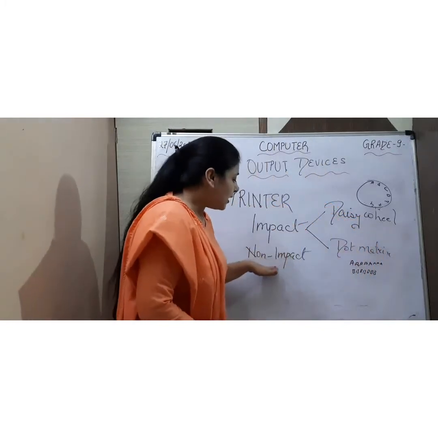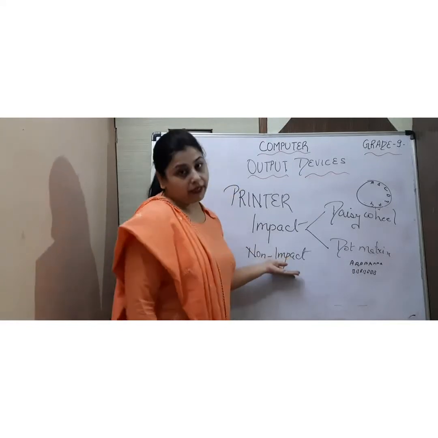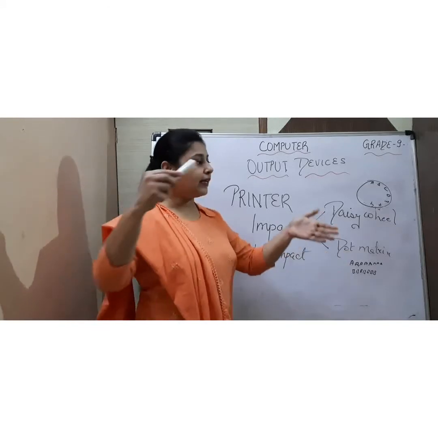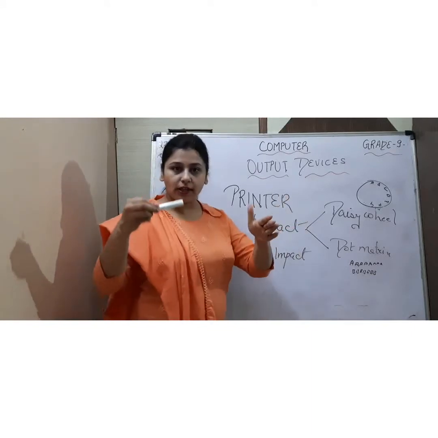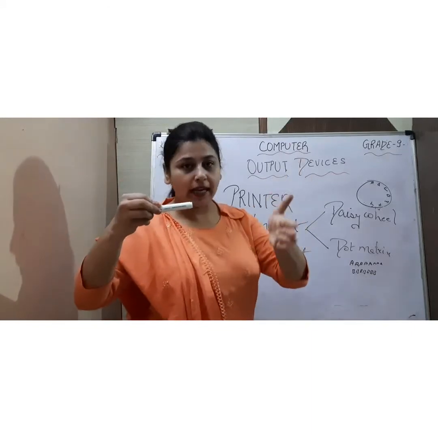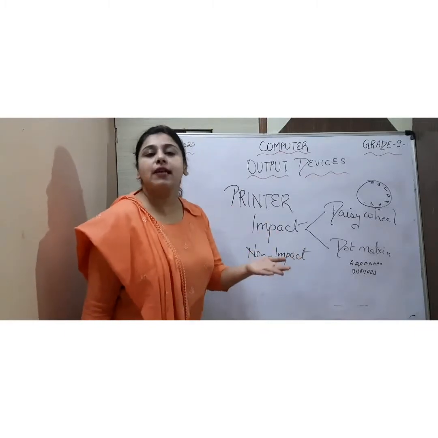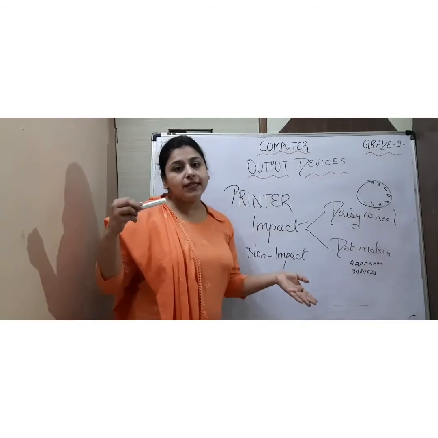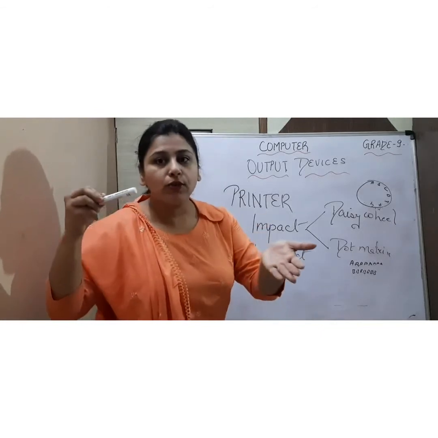Fine. So the next printers are your non-impact printers. Non-impact, as the name says, they do not produce sound because the printing head does not touch the paper. In impact printer, there was a physical contact between your printing head and the paper, so it was producing a sound. In non-impact printer, it does not allow physical contact between printing head and paper, so they do not strike.